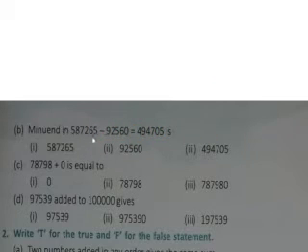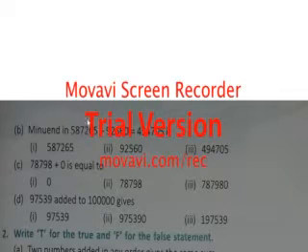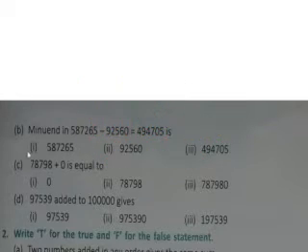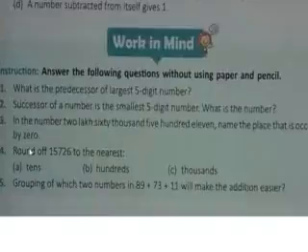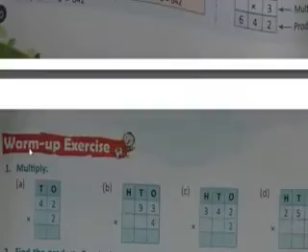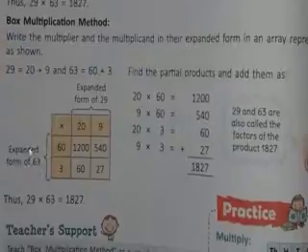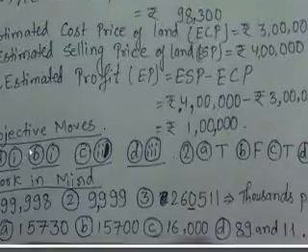So 92,560 is subtracted from 5,87,265, and 5,87,265 is the minuend. So minuend will be one number only. So the answer of B is one number only, as you can see I have written the same answer.